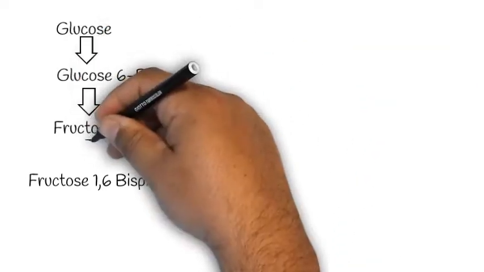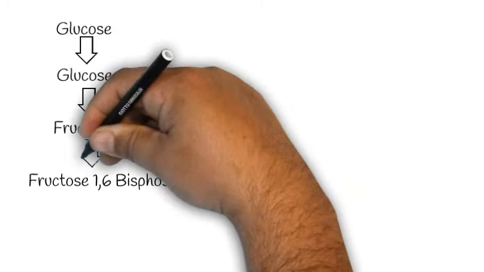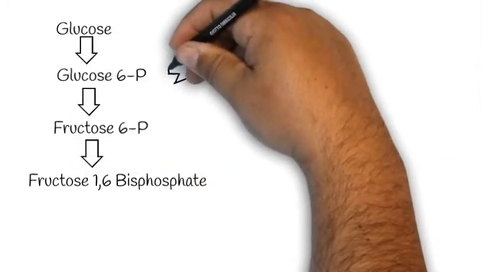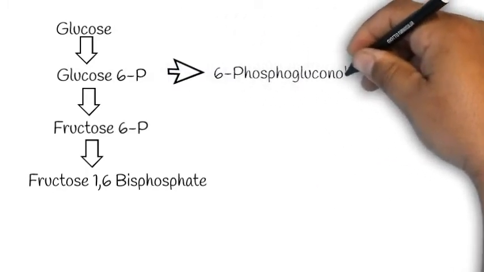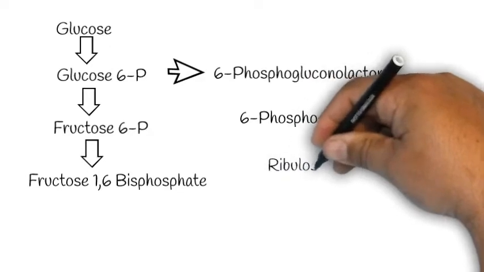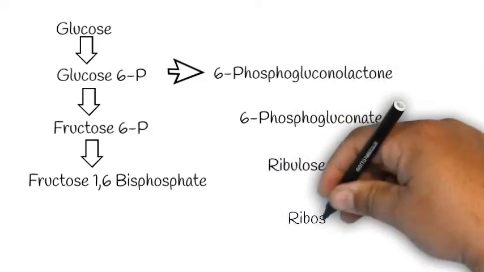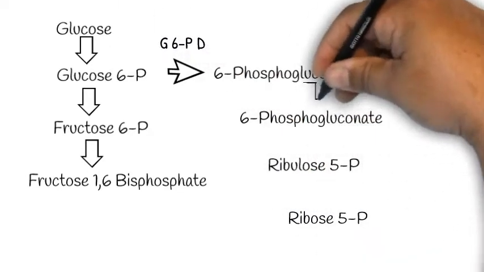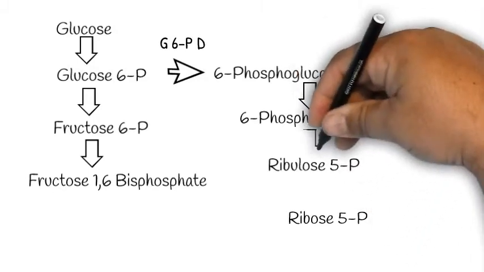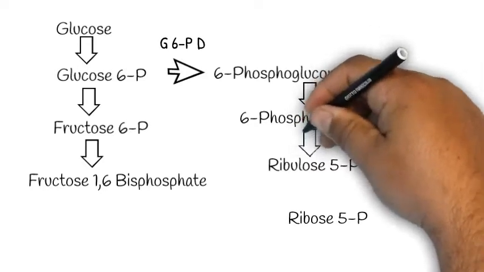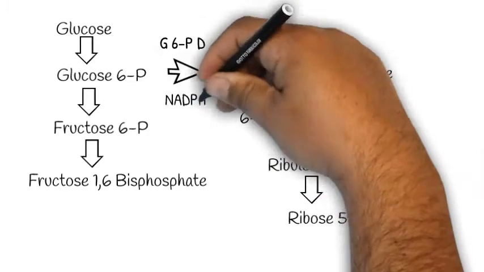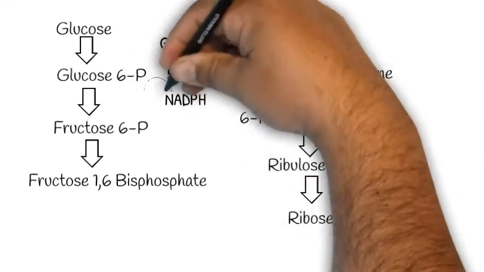And the intermediate formed in glycolysis, glucose 6-phosphate, can be converted in the pentose phosphate pathway to 6-phosphogluconolactone, which through various steps will eventually end up as ribose 5-phosphate, which is used in purine and pyrimidine synthesis. Now, this conversion of glucose 6-phosphate to 6-phosphogluconolactone is carried out by G6PD, or glucose 6-phosphate dehydrogenase.